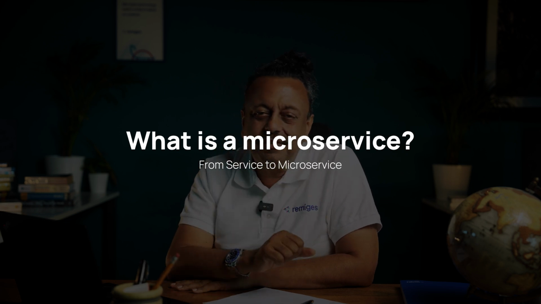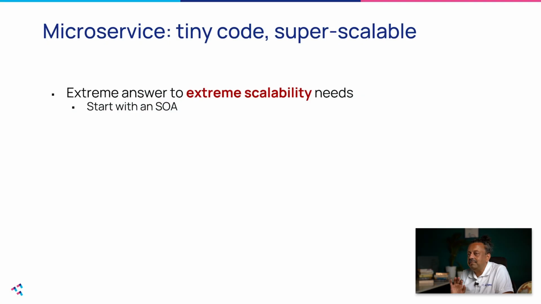So we have talked about service-oriented architecture, and now we need to go into microservices, because if I don't cover microservices, my credibility is mud. Okay. So what is a microservice? Extreme answer to extreme scalability needs. When you want the highest possible throughput, you use microservices.